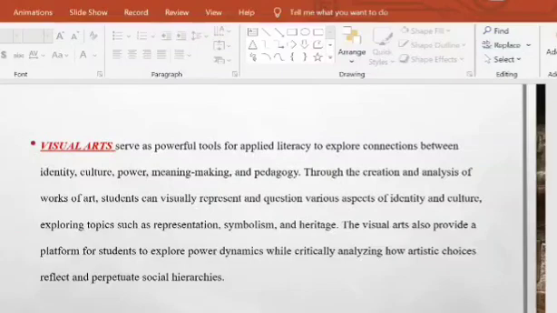Through the creation and analysis of works of art, students can visually represent and question various aspects of identity and culture, exploring topics such as representation, symbolism, and heritage. The visual arts also provide a platform for students to explore power dynamics while critically analyzing how artistic choices reflect and perpetuate social hierarchies.